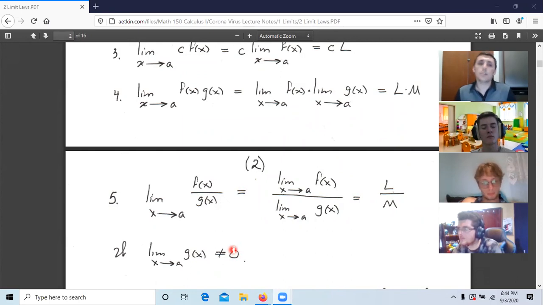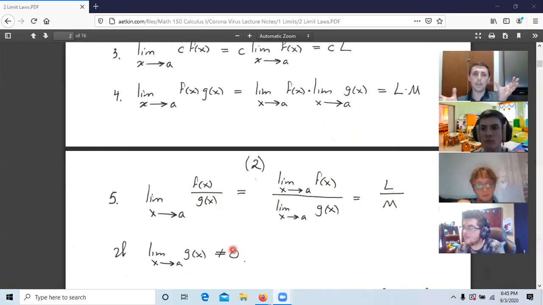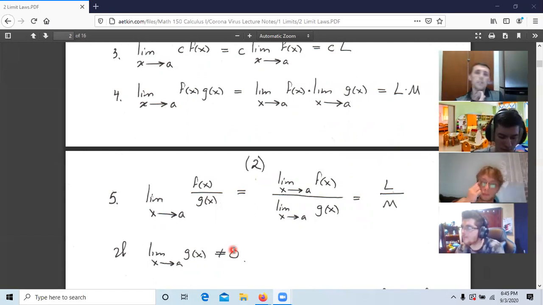Okay? So guys, let me just ask you a silly question. It just itches me, so maybe it's an interruption, but you look at those limit laws. How many of you think that those laws are self-evident? Like it's obvious based on what we understand? Given that f becomes L and g becomes M, the limit laws are obvious. Let me know if you think so.